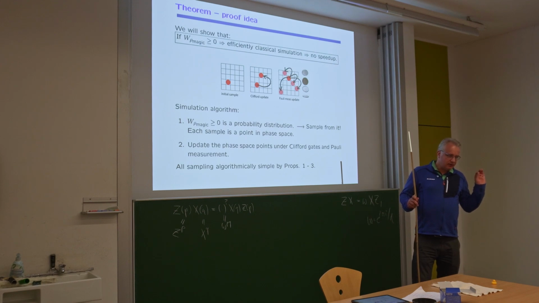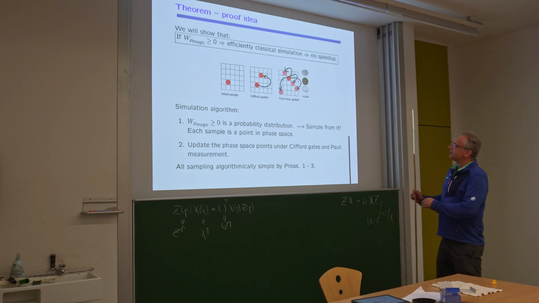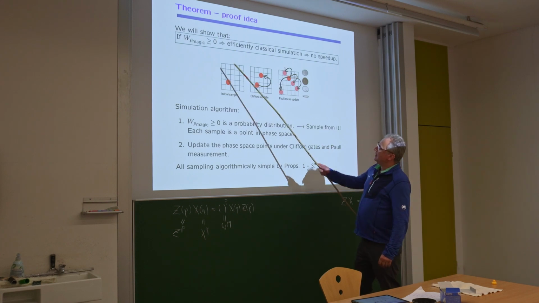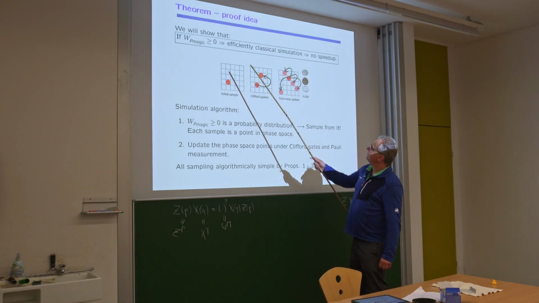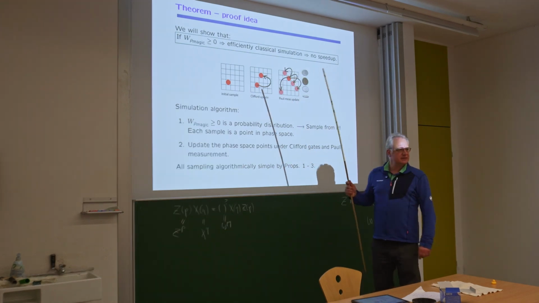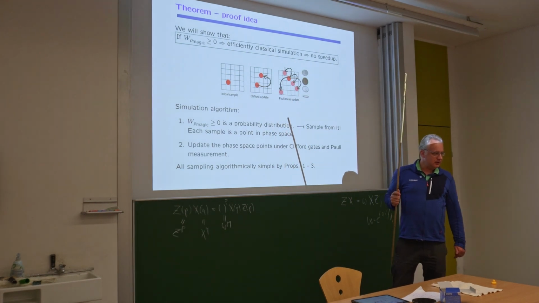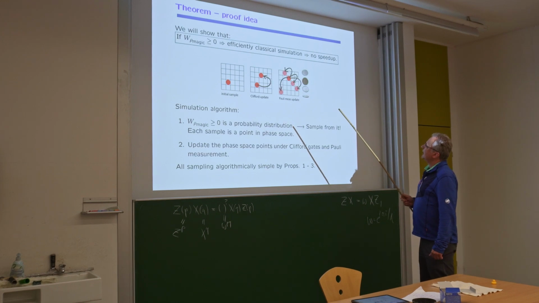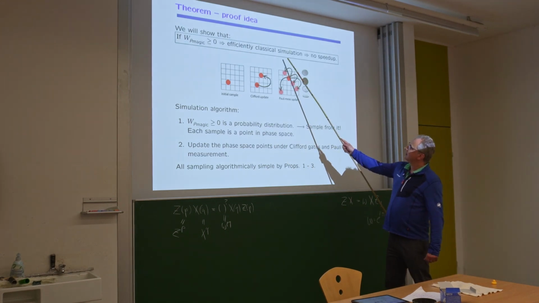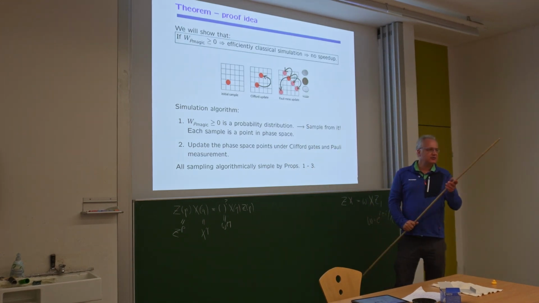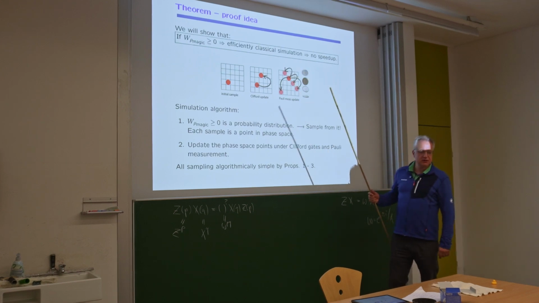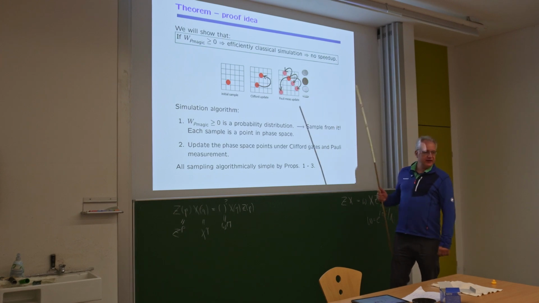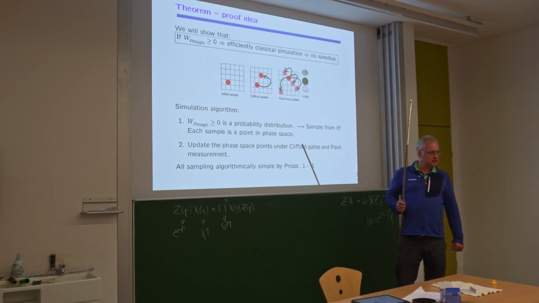And the way we are going to show it is that if there is no negativity, then it follows that we have an efficient classical simulation, hence no speedup. We show the existence of an efficient classical simulation algorithm by providing the algorithm itself. So it's a constructive proof.